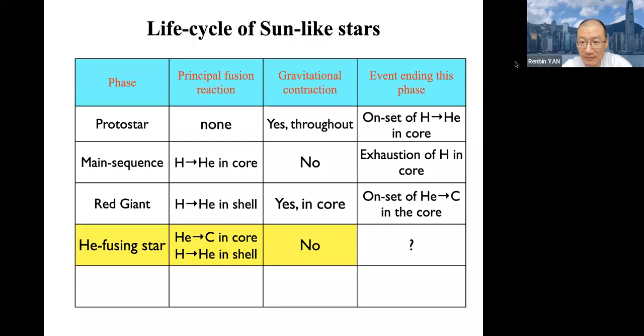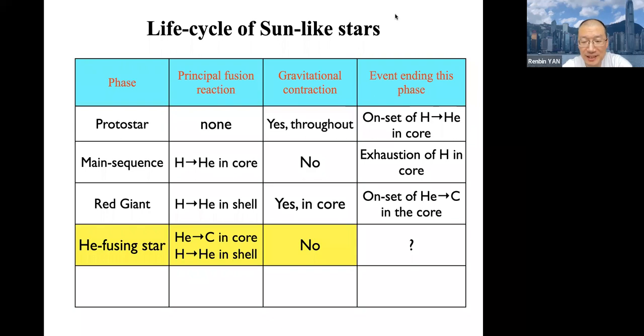You could guess it. What event ends this phase? It's just like the end of the main sequence, right?